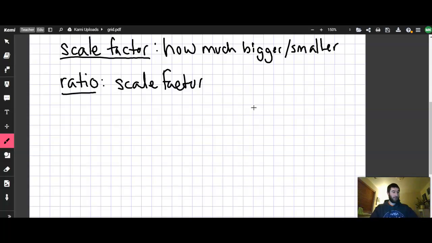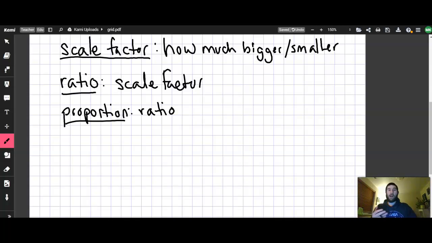And then the proportion is a ratio. So when we talk about all three of these words, even though we might use them in slightly different contexts, they actually all three mean the same thing. The scale factor is the ratio, which is a proportion. They're all functionally the exact same thing.